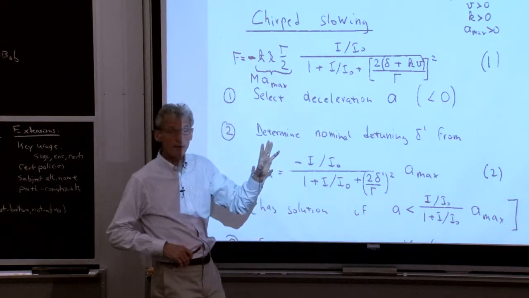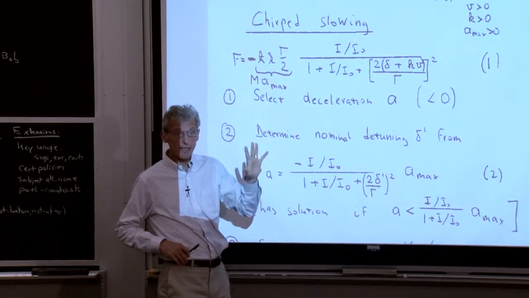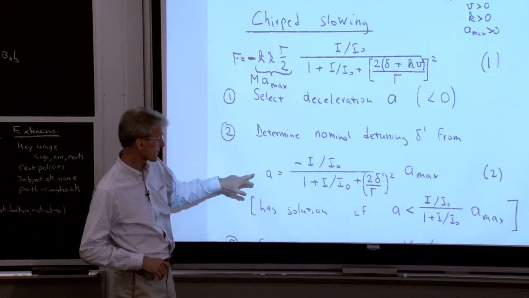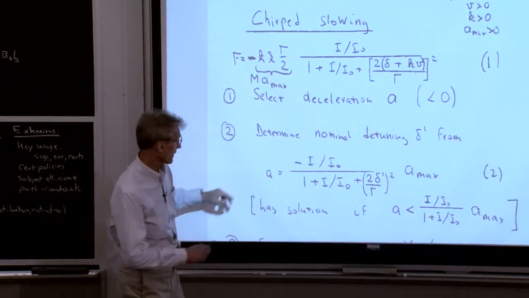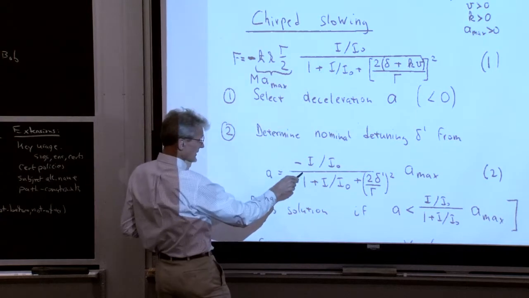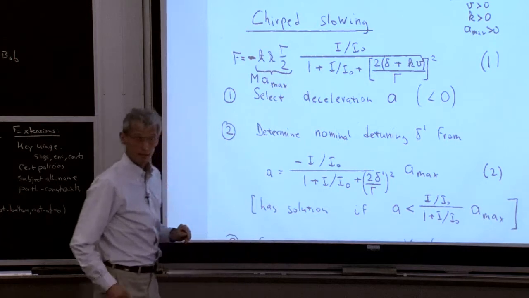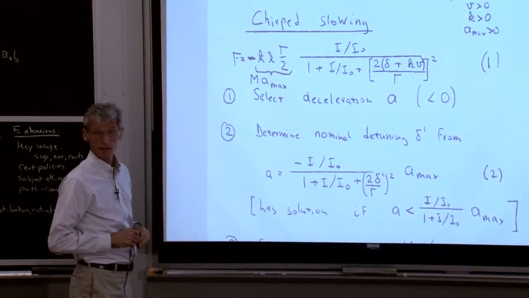So therefore, the atoms, if they are decelerated, have to be at a detuning delta prime in such a way that the spontaneous light force is exactly providing the acceleration we decided we want to have for our atoms.